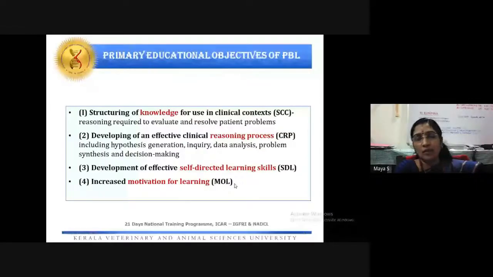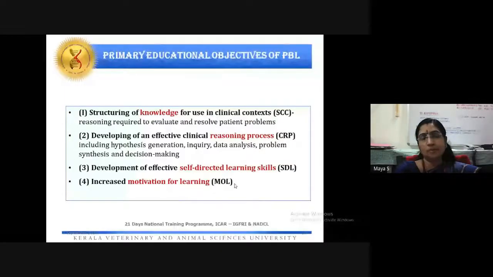So in farming students, we can use that clinic, or we can avoid that term clinical, and we can use the term critical instead of that. Okay, so structuring of knowledge in clinical or farming situations, that will be the first educational objective for the teacher while we introduce the problem-based learning.